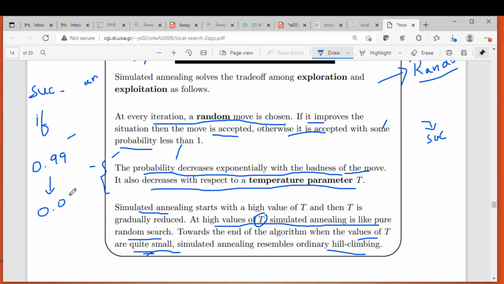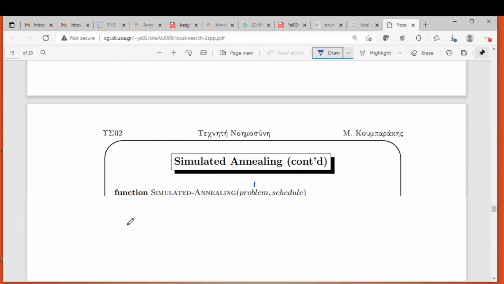In that case, it may not accept anything which is not better than the current state. This is very similar to the pure version of hill climbing, which does not allow any downhill movement. Okay, so this is a trade-off between the random walk and the downhill movement. That is exactly what simulated annealing is doing here.